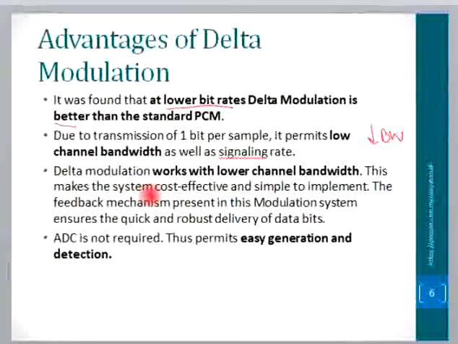This makes the system cost effective and simple to implement. And the feedback mechanism present in this modulation ensures the quick and robust delivery of data bits. Also, in delta modulation, ADC is not required, so it permits easy generation and detection.